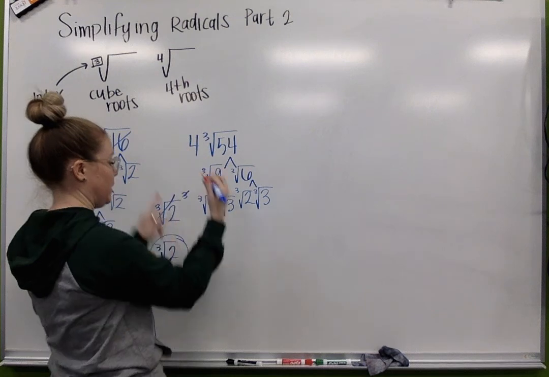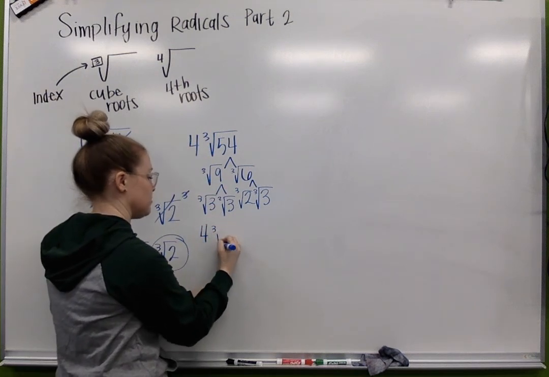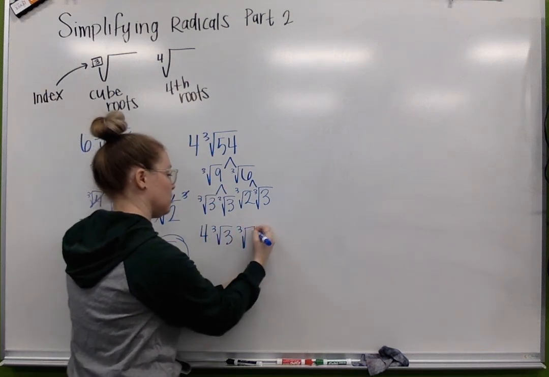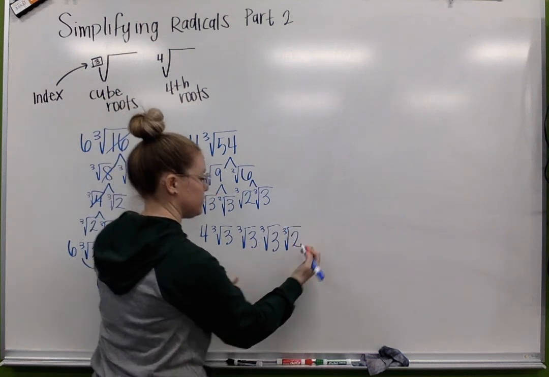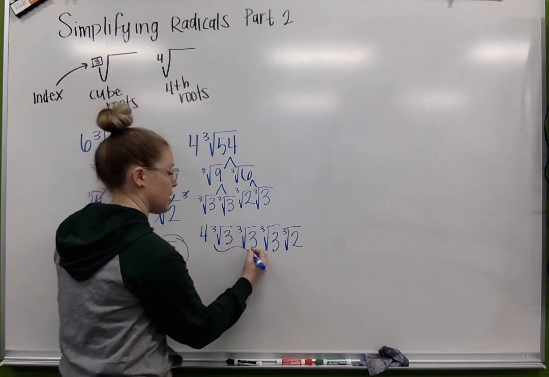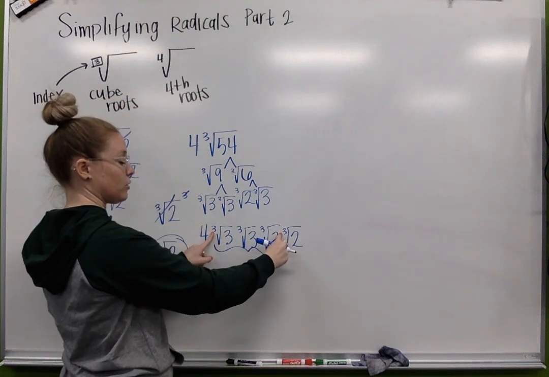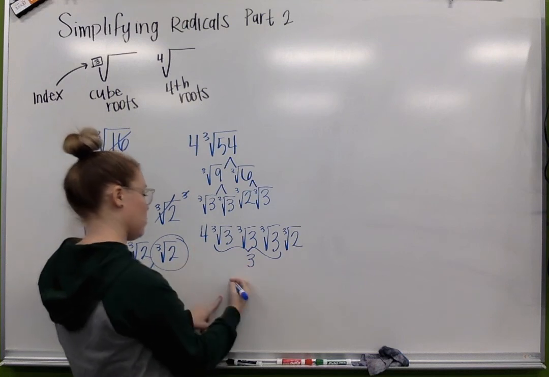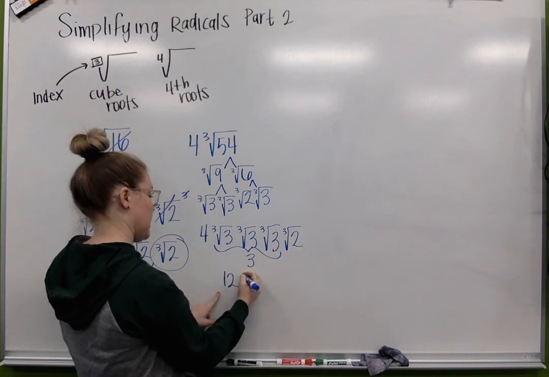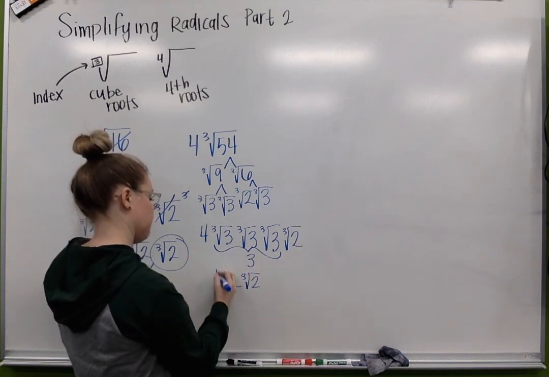So I'm left with 4 times the cube root of 3, cube root of 3, cube root of 3, and the cube root of 2. Here's my group: 1, 2, 3. So this becomes a 3. 3 times 4 is 12, and then I have my cube root of 2 left over.